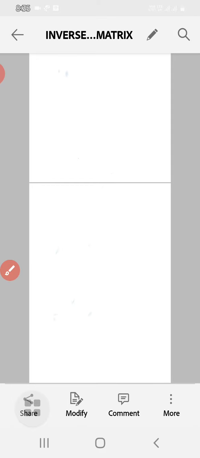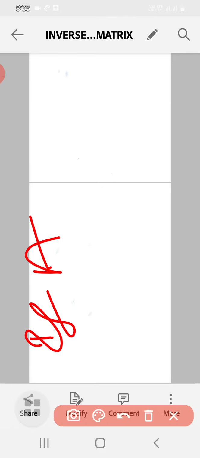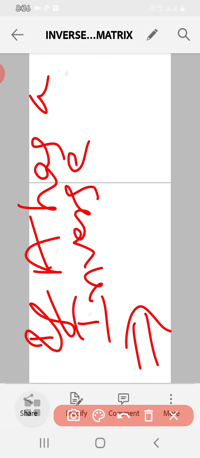Next question: if matrix A has an inverse, what does that mean?